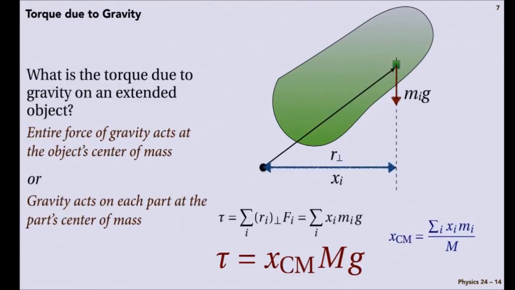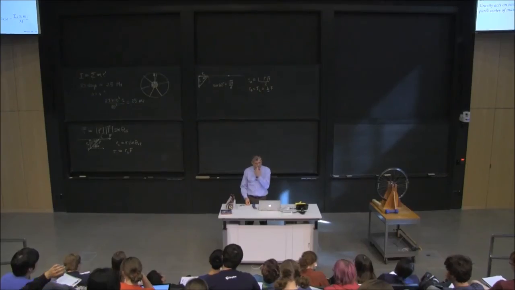Christian? The tau there looks like force times distance, which I remember reading somewhere is like the moment. Are they the same thing, the torque and the moment of a force about a point? Excellent question. He says he's heard the phrase, the moment of a force.